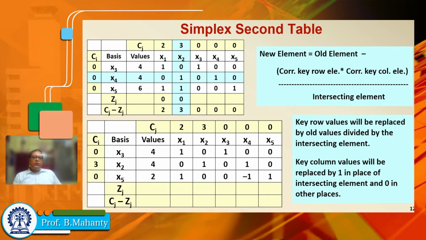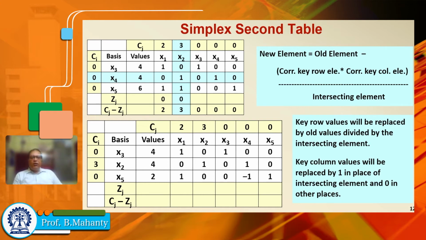So now x3, x2 and x5, instead of x3, x4 and x5, will be in the basis. They will form the unity matrix in that order: x3 1 0 0, x2 0 1 0, x5 0 0 1. So we get the new canonical form.